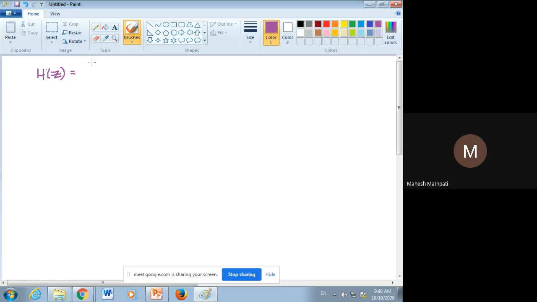What did we write there? 7z square minus 5.25 z plus 1.375, divided by z square minus 0.75 z plus 0.125.